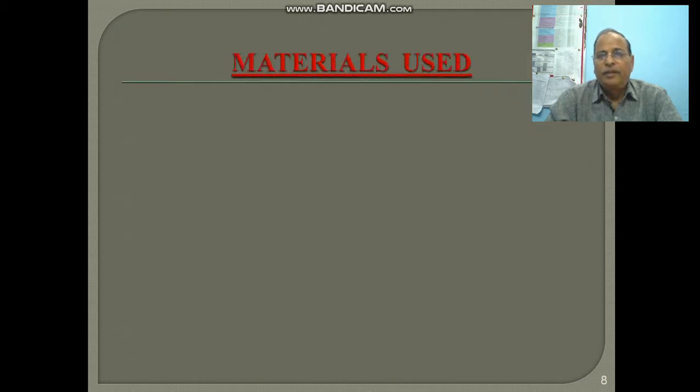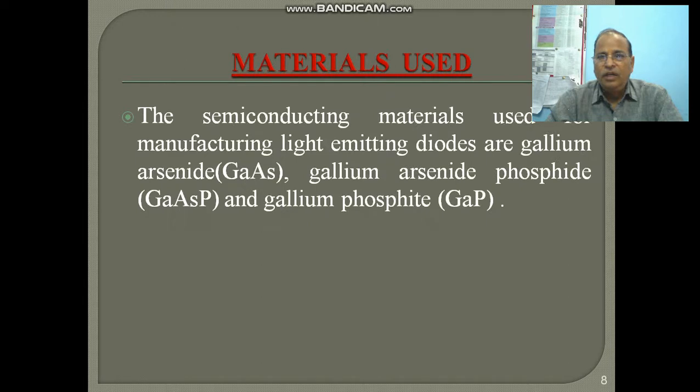The semiconducting materials used in manufacturing light emitting diodes are gallium arsenide phosphide, and gallium phosphide.